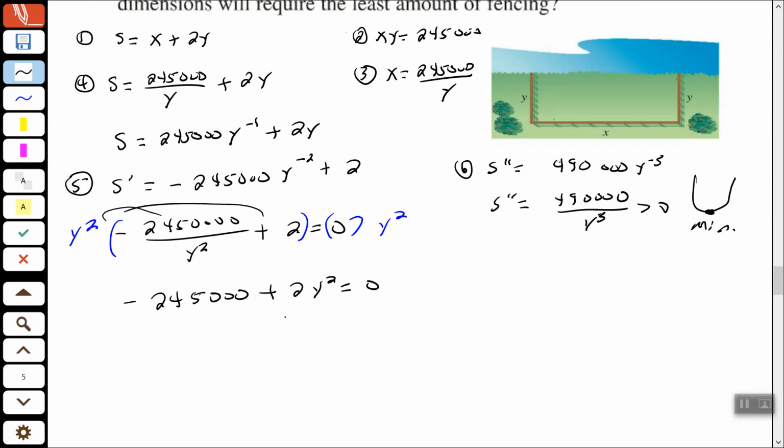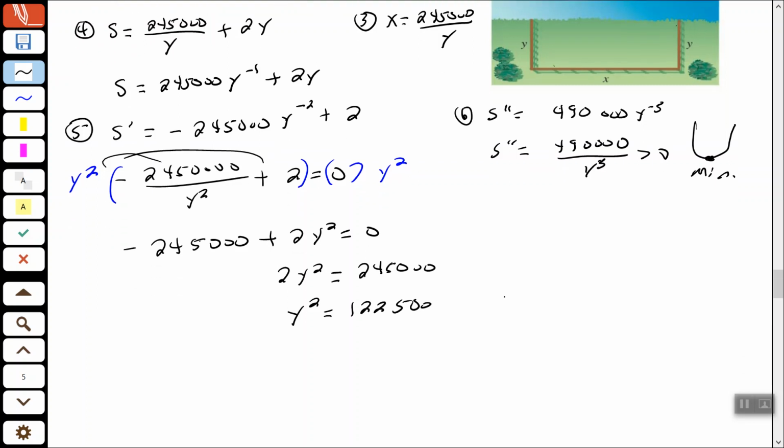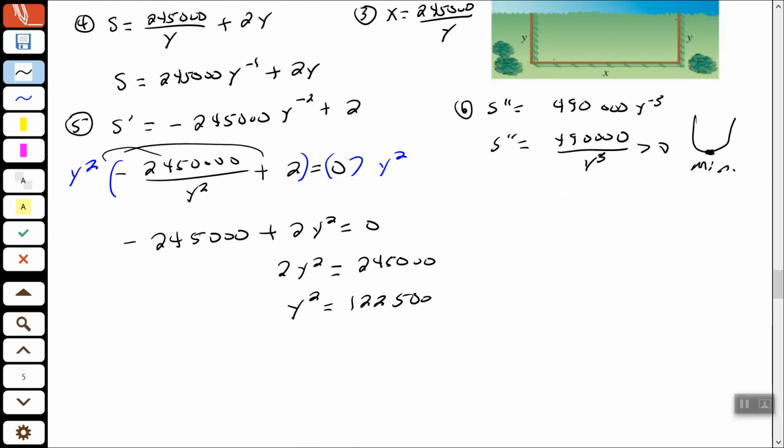Then solve for y. Add 245,000 to both sides, divide by 2, and then take the square root of each side. And remember, this must remain positive. So y is equal to 350 meters.